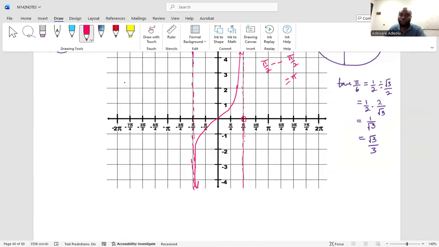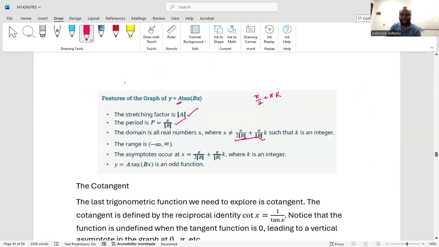The next time cosine is going to be 0 will be when we add this pi k to it. For example, if our B is 1, we have pi over 2 plus pi k. If k is 0, then it's at pi over 2. If k is 1, then that is pi over 2 plus pi.